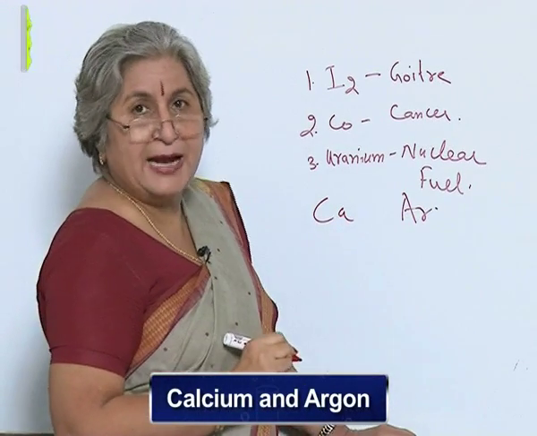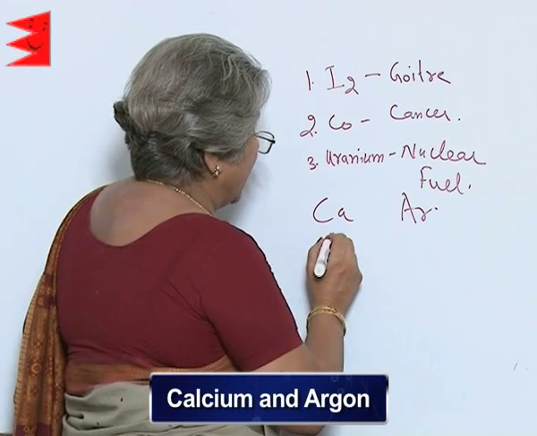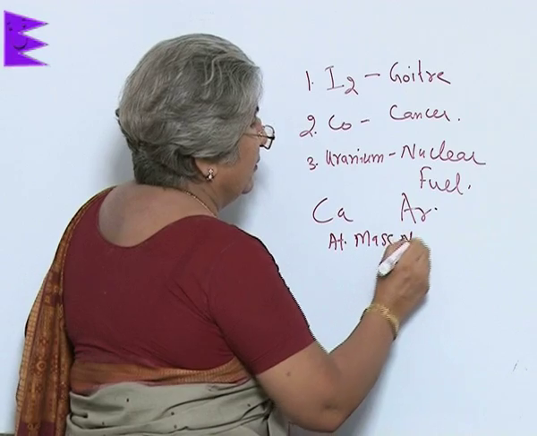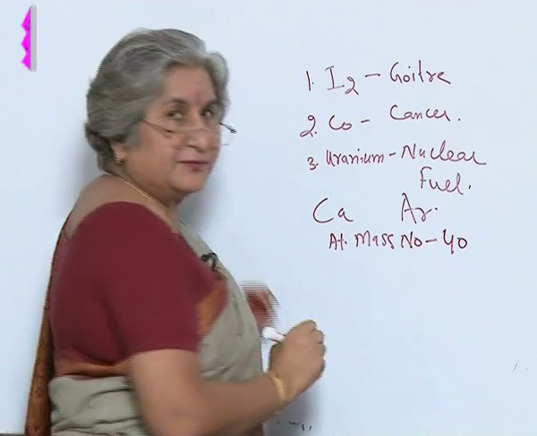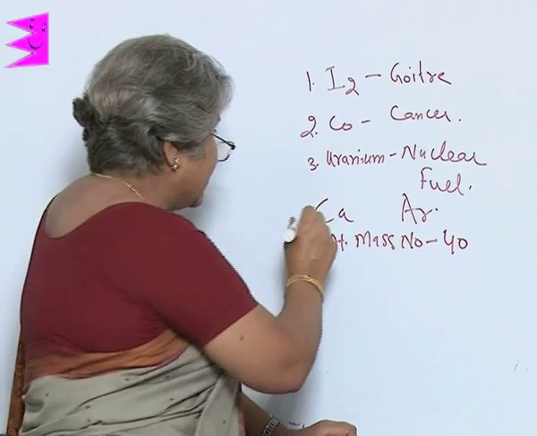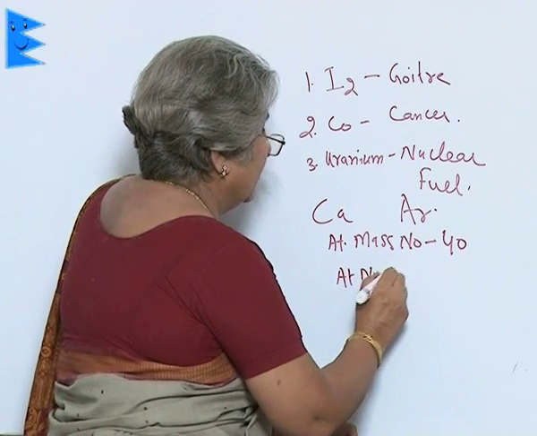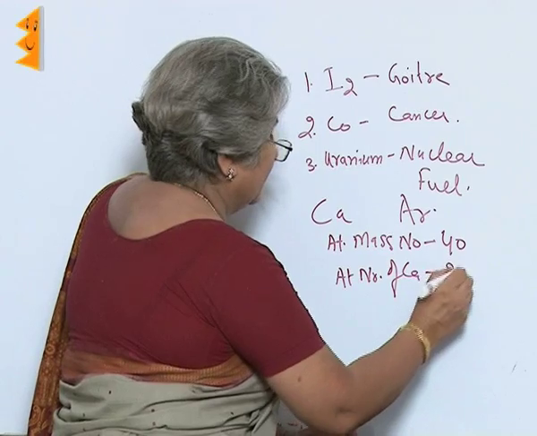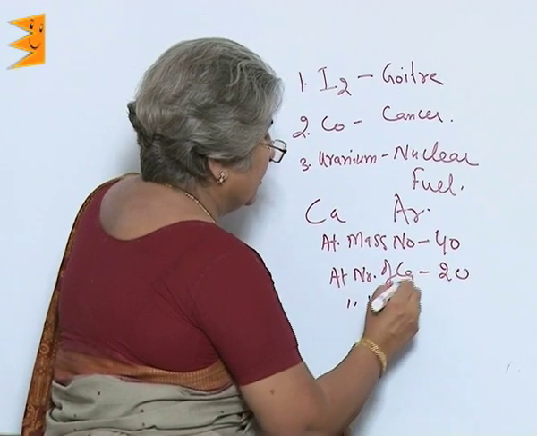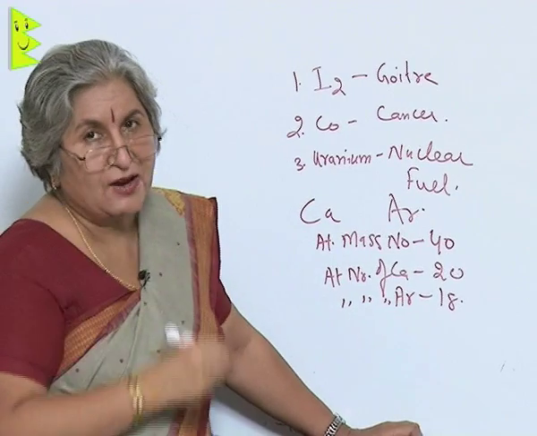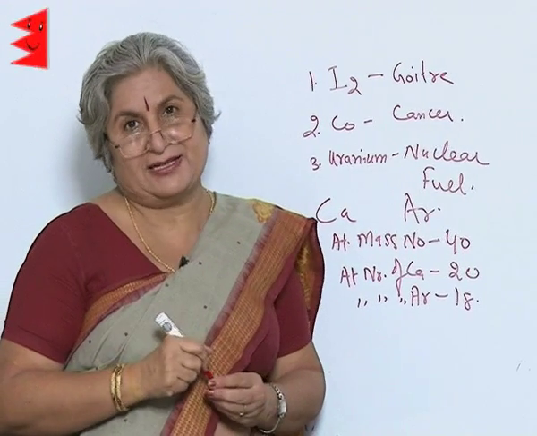Both calcium and argon have an atomic mass number of 40. But the atomic number of calcium is 20, while that of argon is 18. And just see what difference it makes.